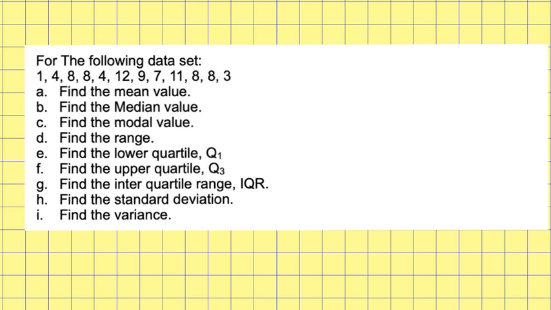Right, here is a question that involves everything that we have just gone through. So I'm going to try and do as much of this as I can without a calculator. So let's start. A, find the mean.